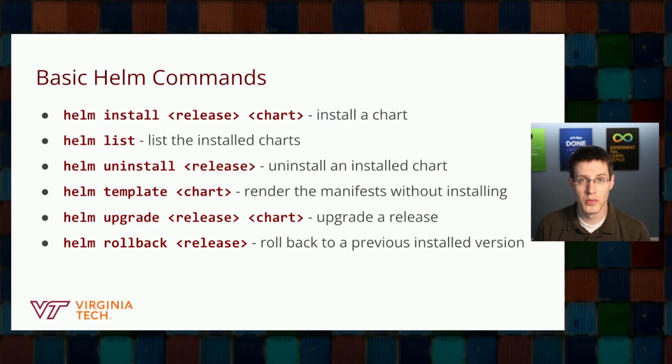Helm uninstall will remove an installed chart, a release that I have in my cluster. Helm template will let me render out the templates that a chart would install, but does it without doing the install. So basically it renders the templates and says, here's what we're going to install. Does it look good or not, etc.